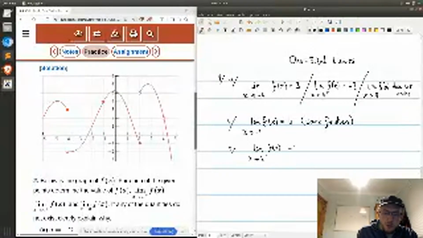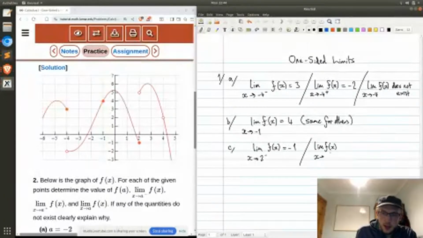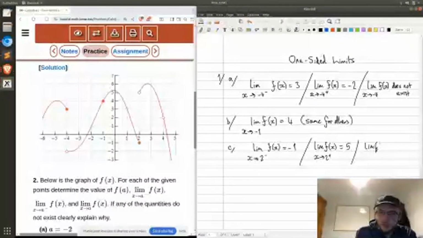That would be -1. As you approach it from the right, that would be +5. And therefore, the limit as you approach 2 does not exist because they have to agree.